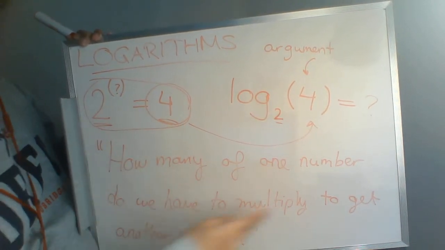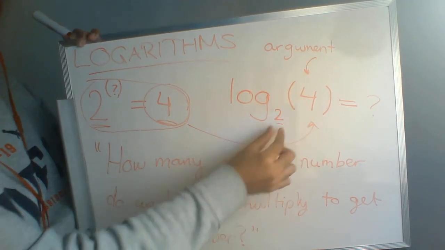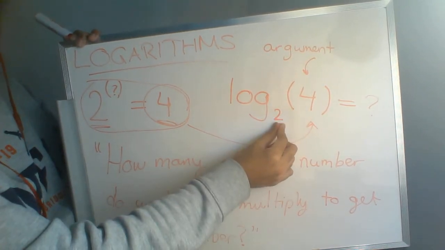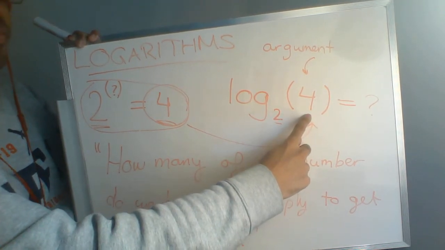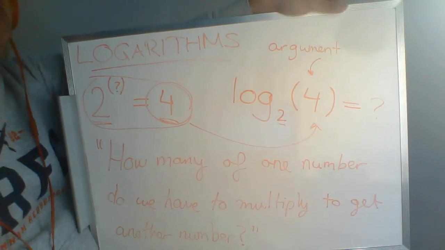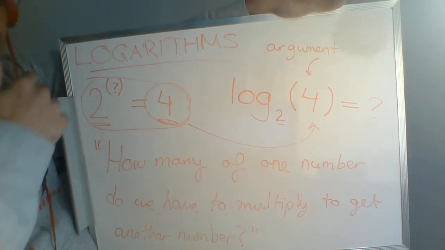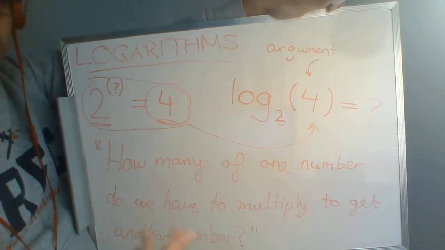How many of those do we have to multiply together to get another number? How many of these little 2's down here do we need to multiply together in order to get an answer of 4? Alright, so if you're asking how many times you need to multiply the same thing by itself, if the answer was 2, then that means you're squaring the number, right?